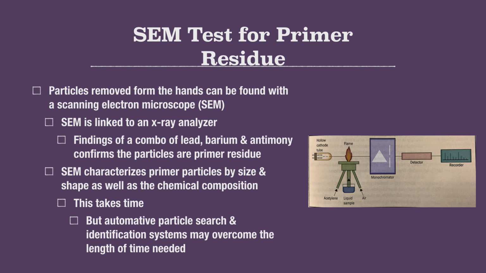It is linked to an X-ray analyzer, and it finds a combination of lead, barium, and antimony and confirms the particles are primer residue. The SEM characterizes the primer particles by the size, the shape, as well as its chemical composition.